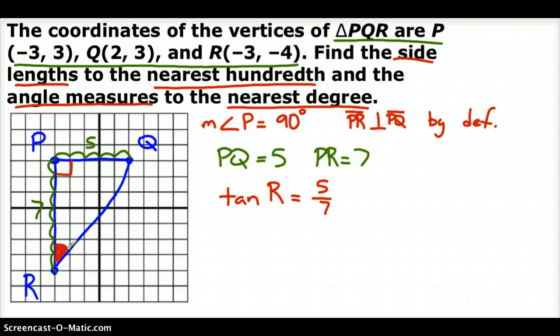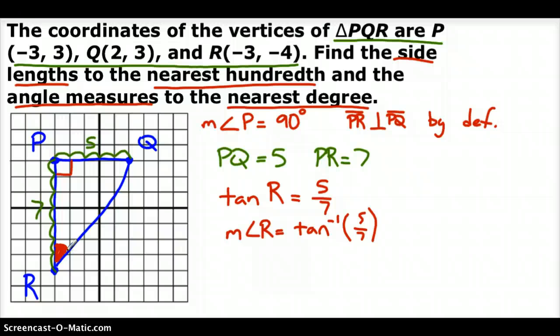And during this lesson, we learned that we can now find the measurement of angle R by saying the measure of angle R is going to be equal to the inverse tangent of 5/7, right? So now at this point we can go to our calculator here. Let me grab my calculator and I will type in 5 divided by 7.